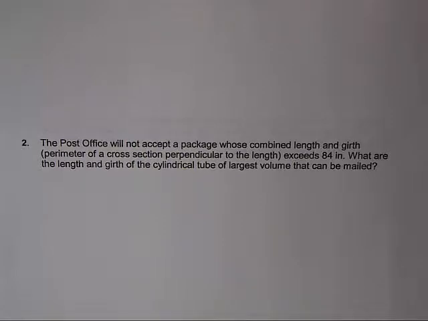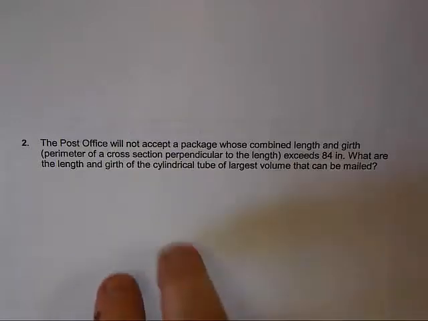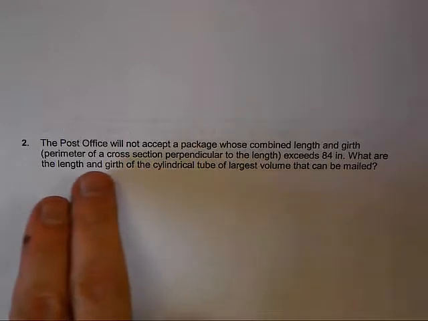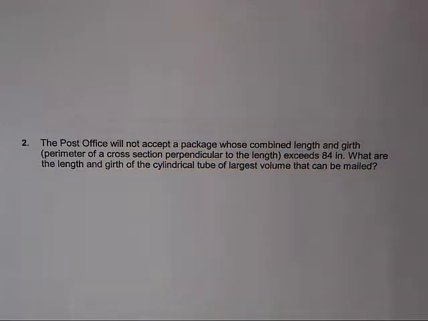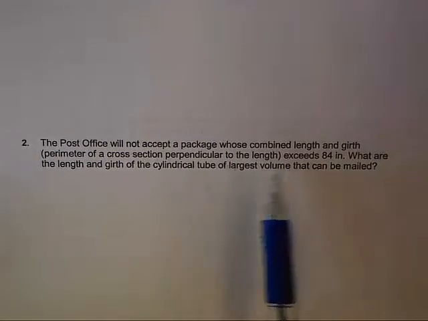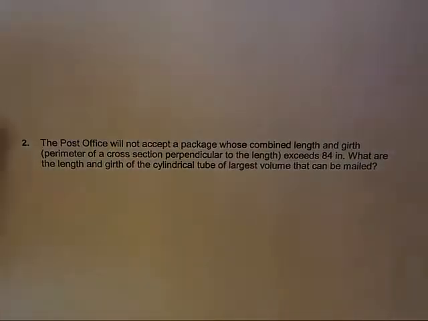Circumference. It would be the circumference of the circle. I was thinking diameter for some reason. Nope, because it says girth is the perimeter of a cross section. So we're looking at the circular part. All right, so we need the length and girth to be 84 inches.